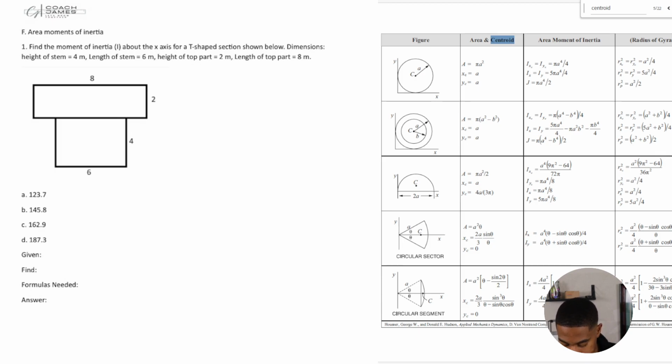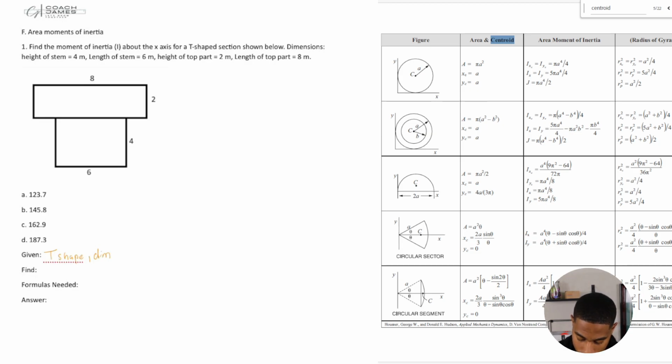And so let's start by determining what we're given. So we're given this T shape. And we're given all the dimensions.